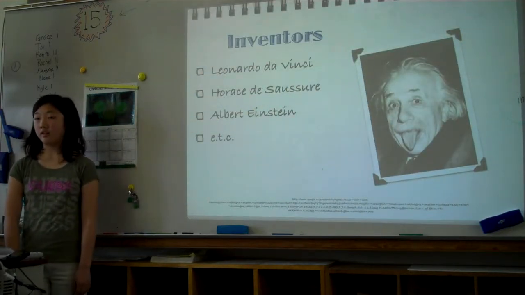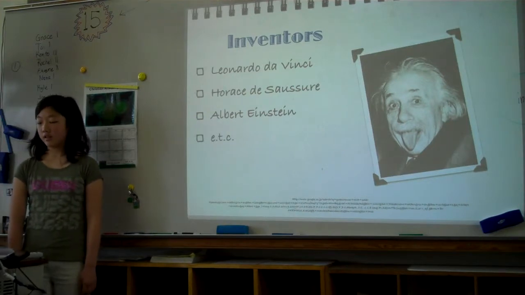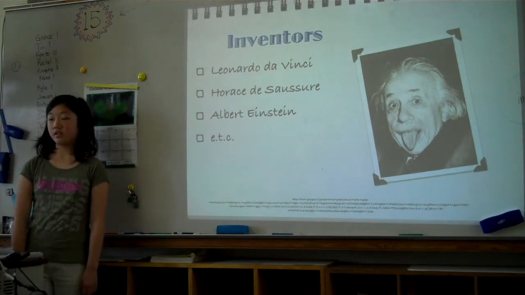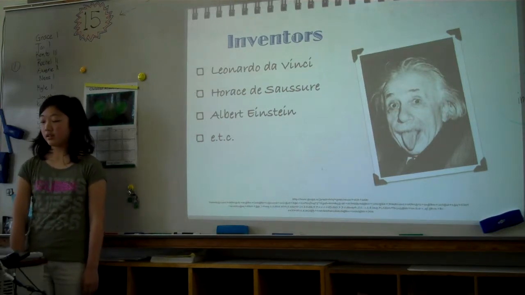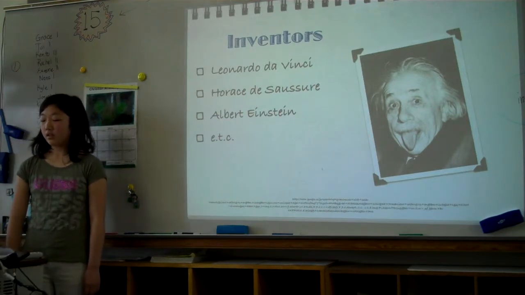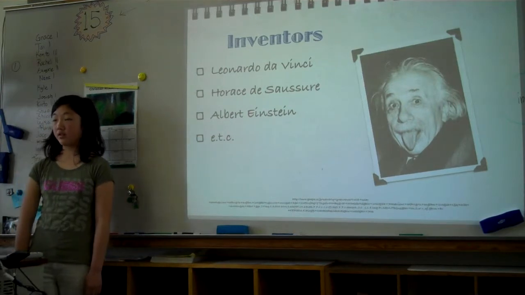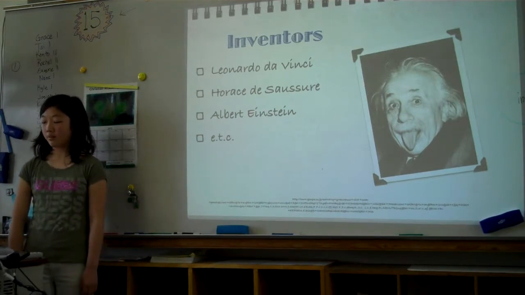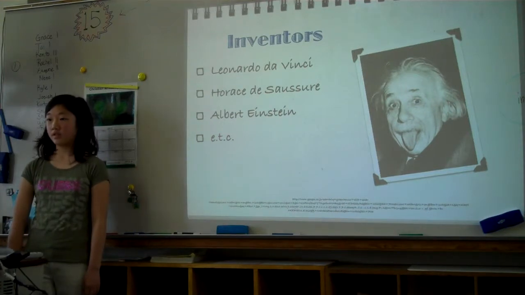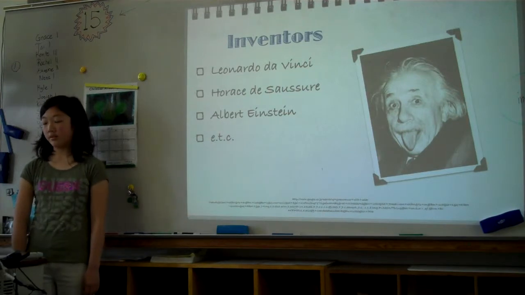So the very first inventor of solar energy was Leonardo da Vinci during the 15th century, and he drew sketches that were detailed and technical, and was the idea for the first invention of solar energy. Horace de Saussure made the first invention of solar energy, and he created the hot box. The hot box is actually a box where you can put food inside so it will stay warm, and he made it with solar energy.